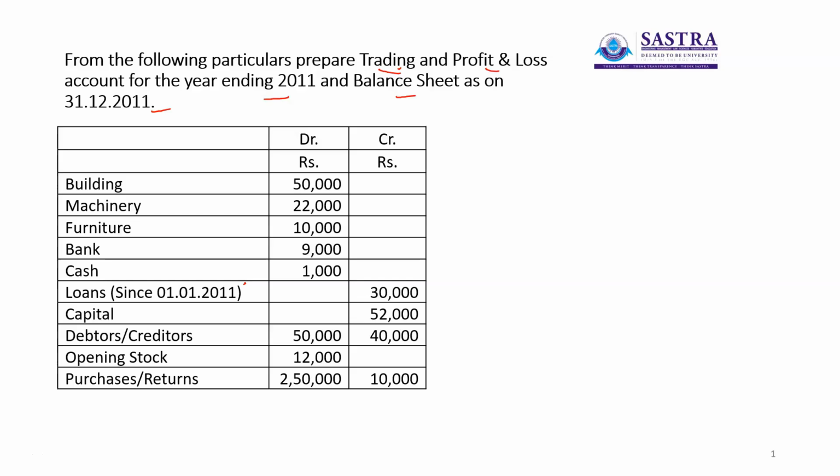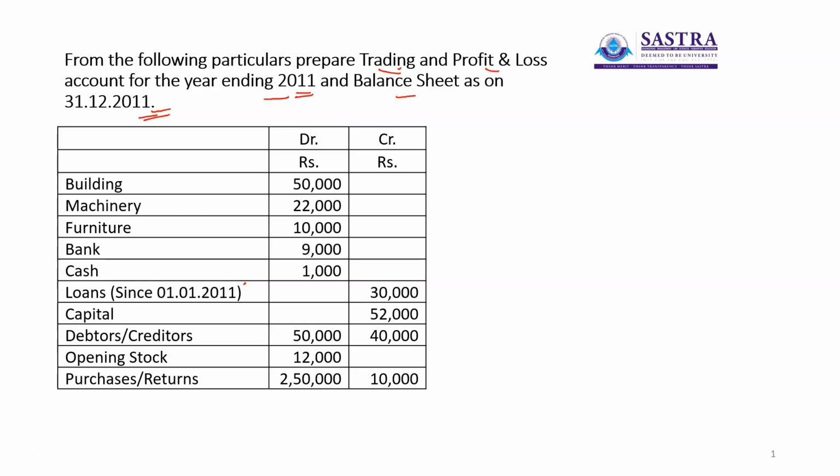In addition to the routine procedure of preparing trading account, we will be dealing with the treatment with regard to additional adjustments. As usual in a question, this is a trial balance of a business concern for the period ending 2011 and balance sheet as on that date. You are asked to prepare balance sheet as on that date after preparing trading profit and loss account.